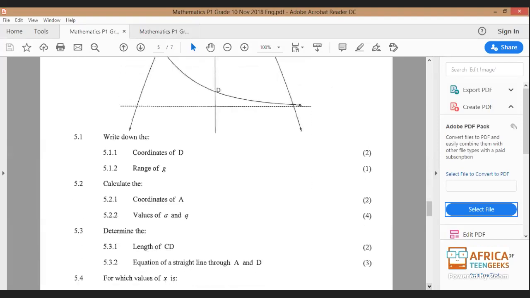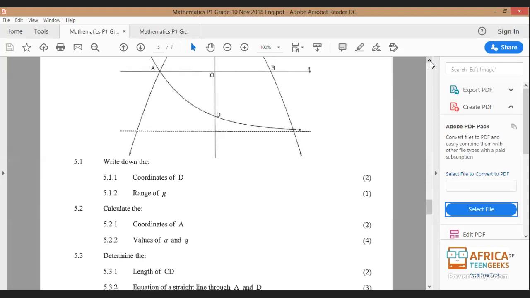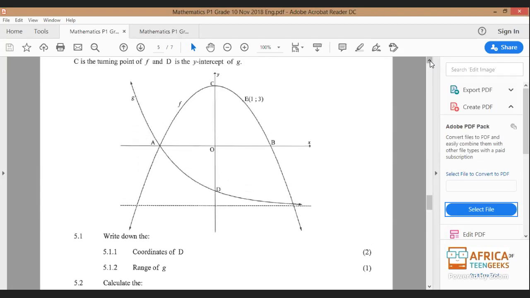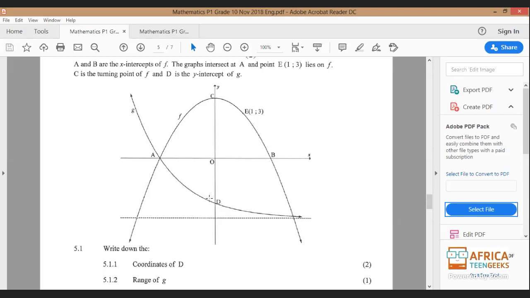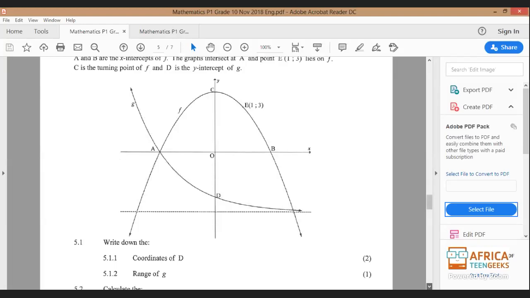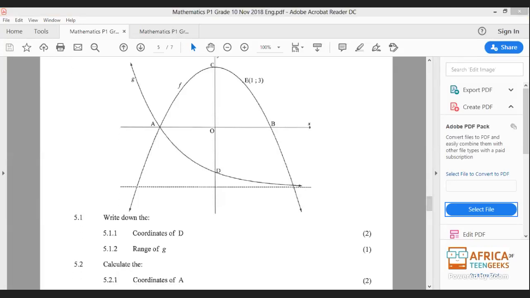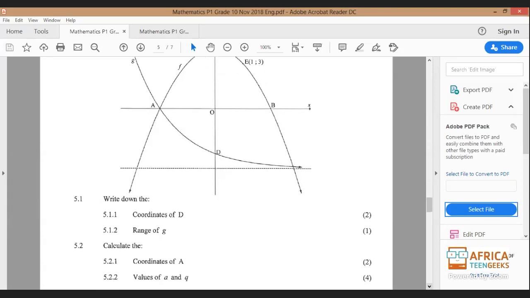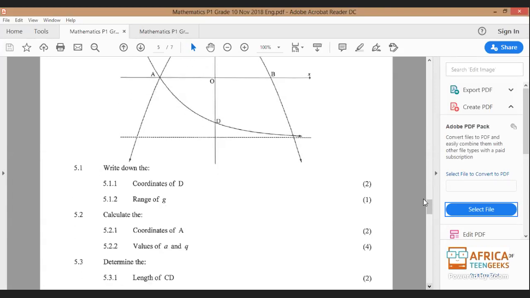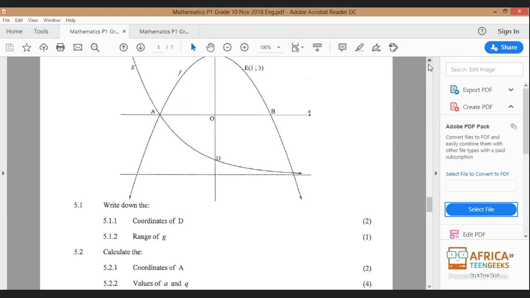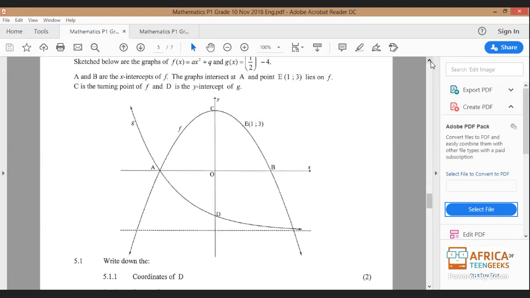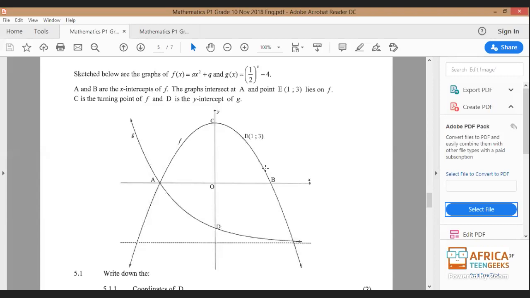So now we're still continuing with this activity. 5.3 says determine the length of CD. So now let's look at CD. Where is CD? That's C and that's D. What will be the length of CD? Remember there was a question where they wanted the coordinates of D. That's 5.1. And there was a question where they wanted the coordinates of C. But remember, coordinates of C, it's the turning point of f of x, right?